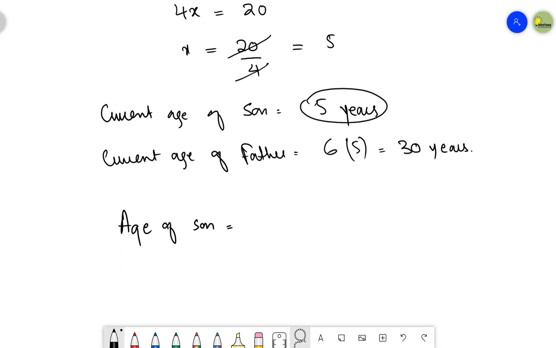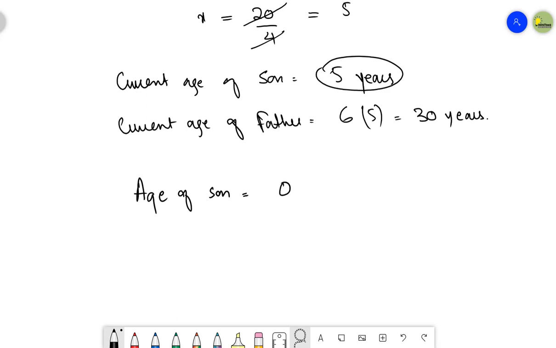It means you need to subtract 5 from 5 so that you can have 0. And similarly, the father's age is going to be 5 less. Not the current age of father, but the age of father at the time of birth of the son.